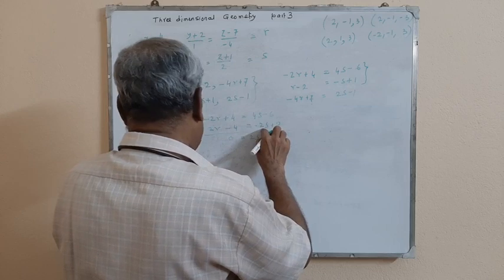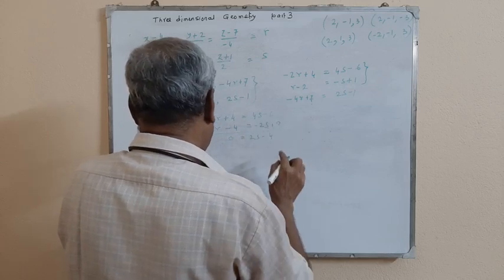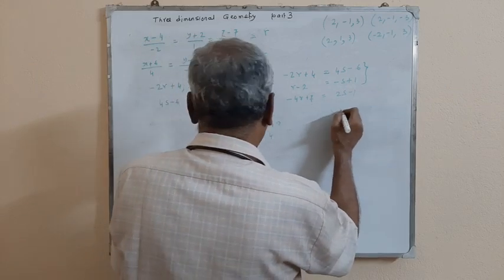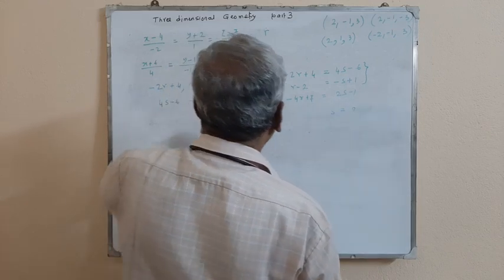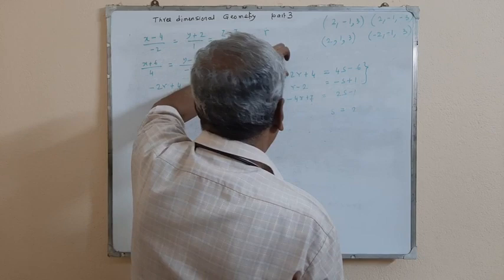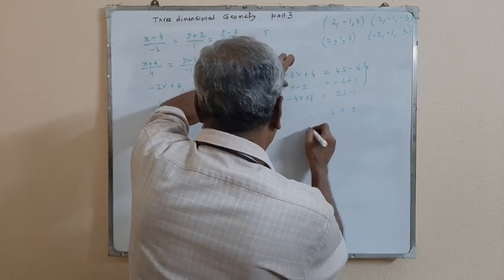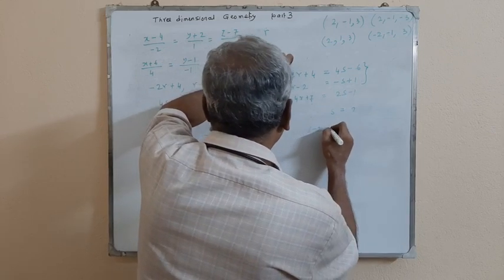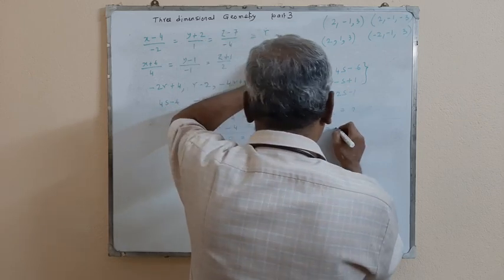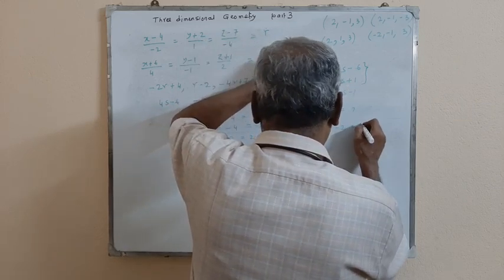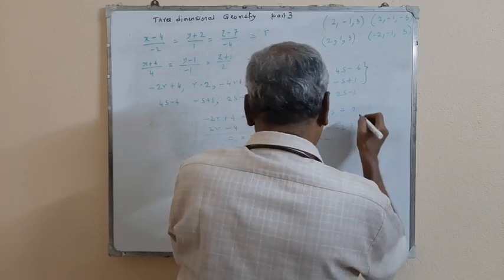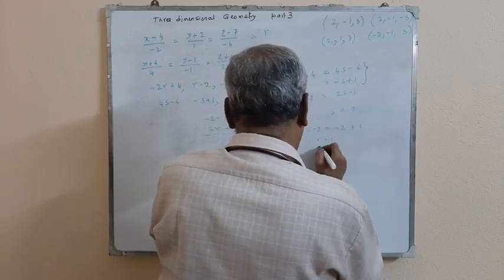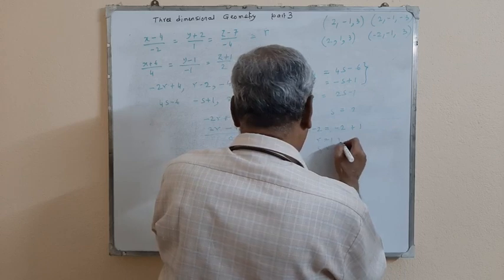Together that is 2s and minus 4. So s is equal to 2. Putting s equal to 2 in the second equation, we get r minus 2 is equal to minus 2 plus 1, so r is equal to 1. So we get s is equal to 2, r is equal to 1.